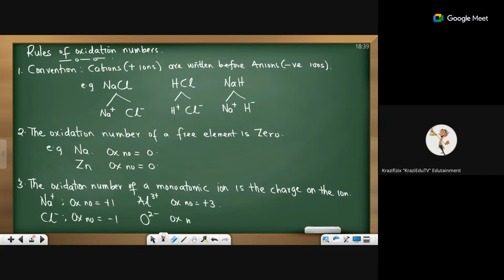Negative 2. Are you seeing that, right? Okay, so that's how it works. If I write N3 minus, nitrogen, the oxidation number is negative 3. So the oxidation number is simply the charge on the ion, if it's monoatomic, meaning 1 ion.